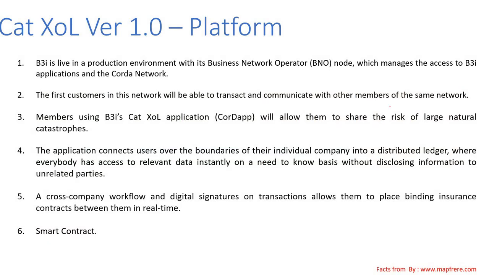Moving forward, let's see the platform in greater detail. B3i is live in a production environment with the business network operator, or BNO, node, which manages the access of the B3i application on the Corda network. The first customers in this network will be able to transact and communicate with other members on the same network, and a member using the B3i Cat XoL application, or CorDapp, will be able to share the risk of a larger natural catastrophe.